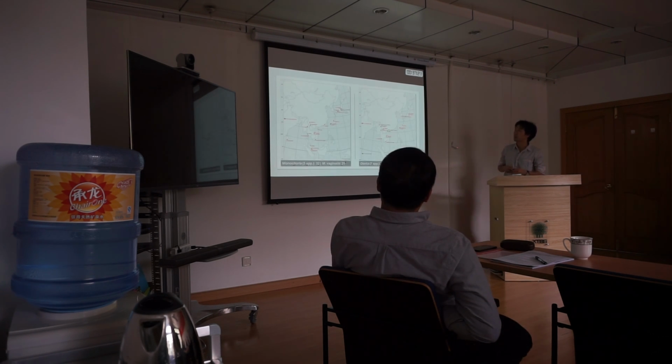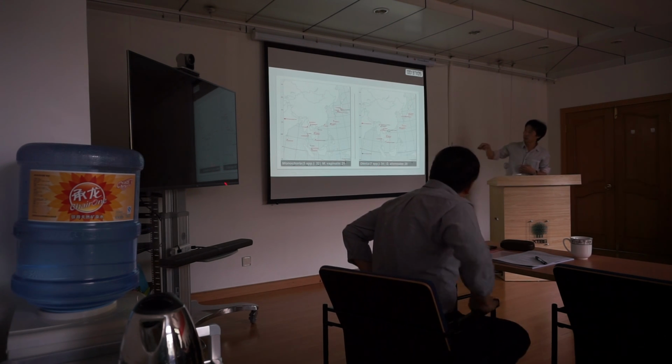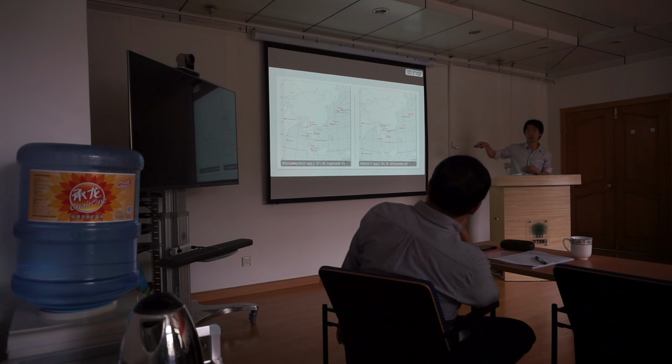Okay. And then this slide shows the result of taxon sampling. I have visited many places like Japan, India, and Australia, and then collected 5 species of Monochoria and 7 species of Ottelia. Of 32 specimens of Monochoria, 21 can be identified as Monochoria vaginalis, the widespread species.